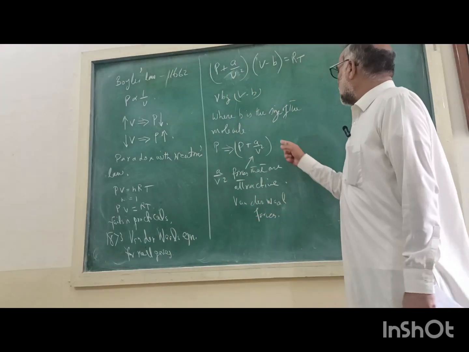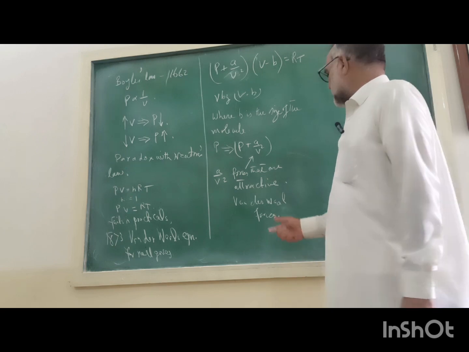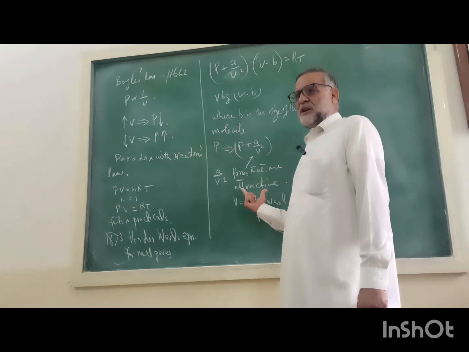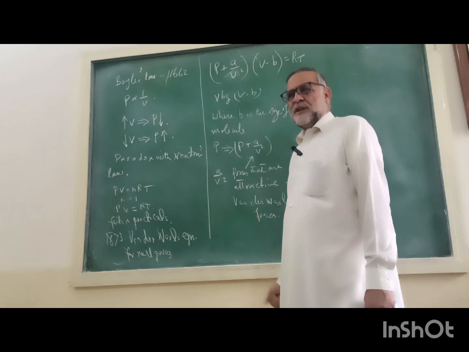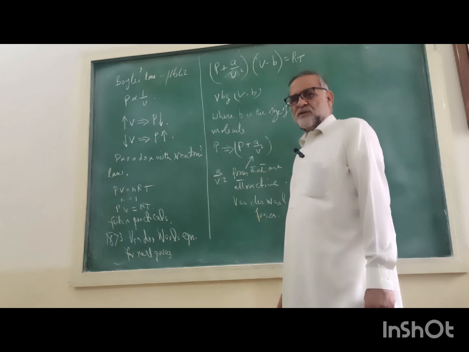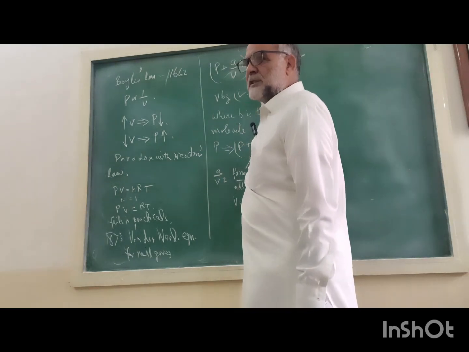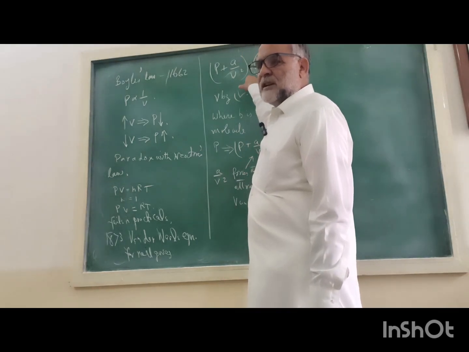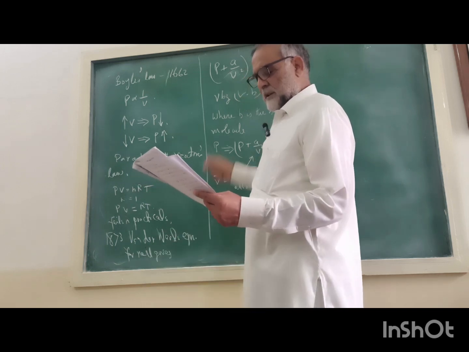This term a over V squared represents the part of the forces which are attractive, which we call the van der Waals forces. So the correct equation for real gases is given by this equation.